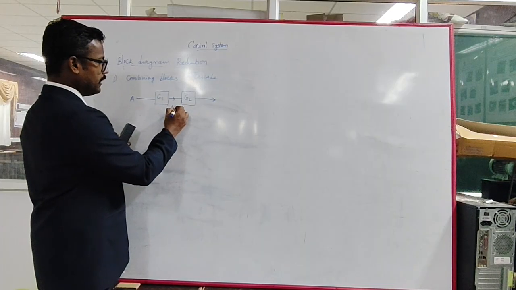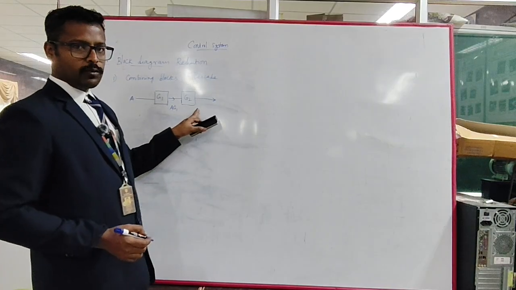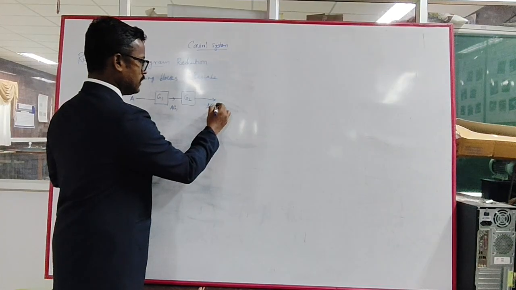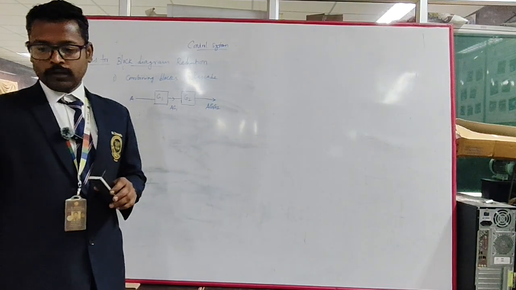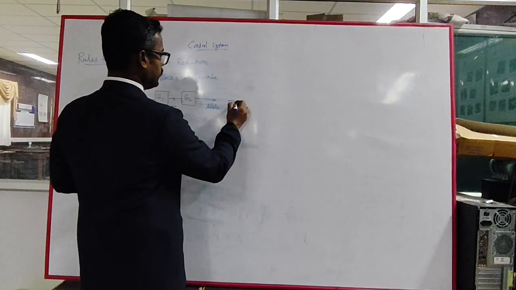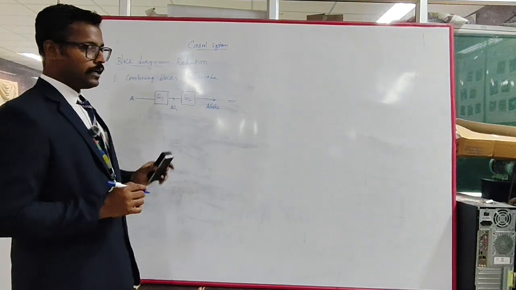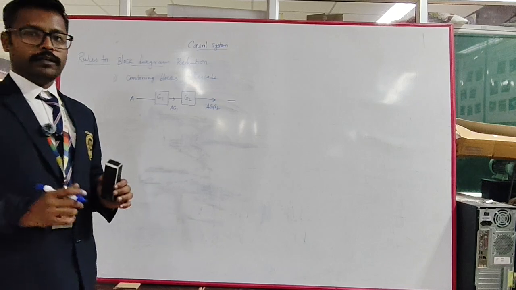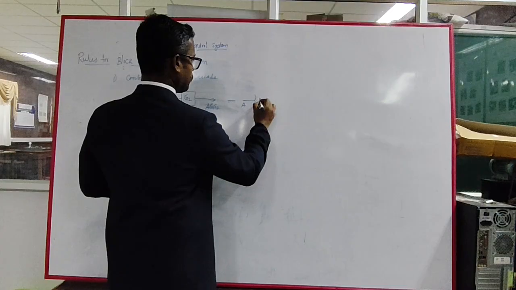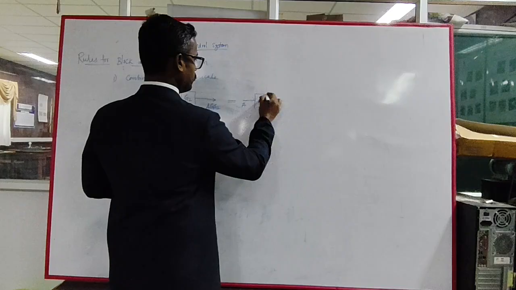Then A into G1 is again processed by the G2 block, and we get the final output A G1 G2. The same thing can be attained by reducing this into a single block. When two blocks are in cascade, you can just multiply both blocks. So we get A and the block G1 G2.